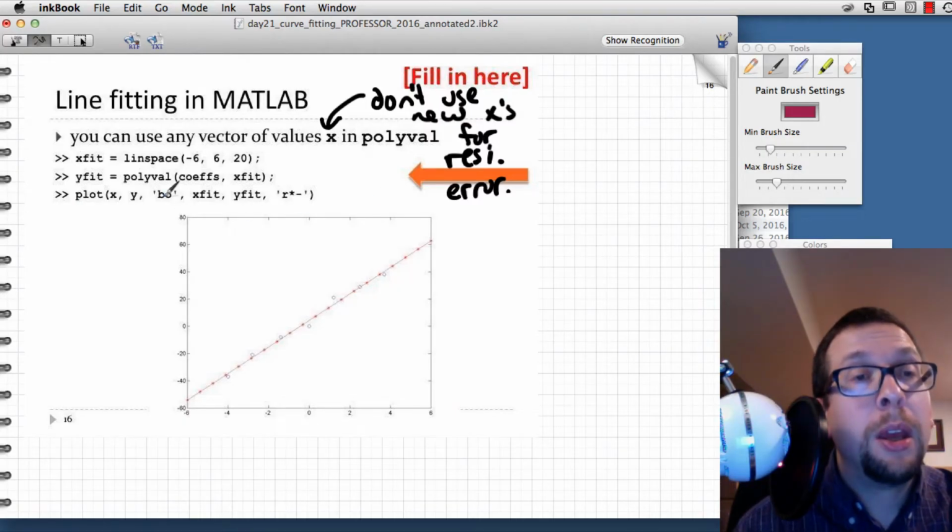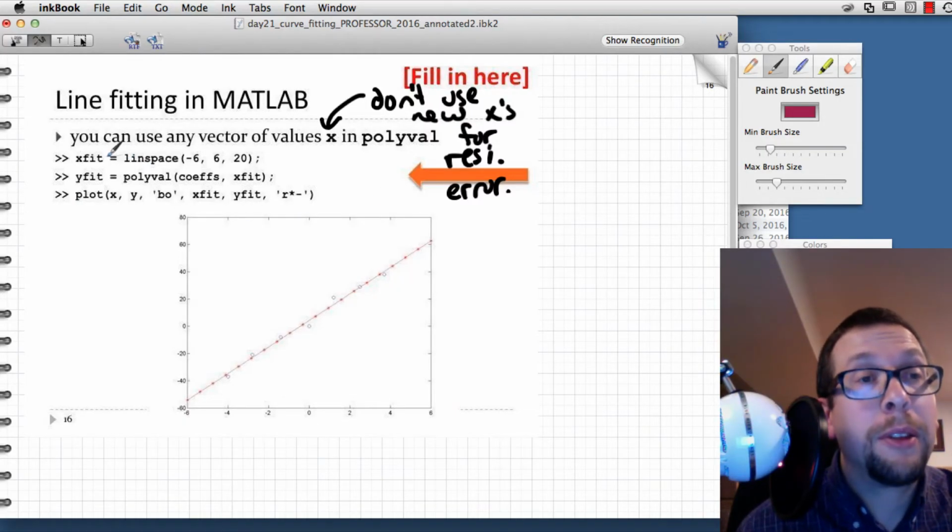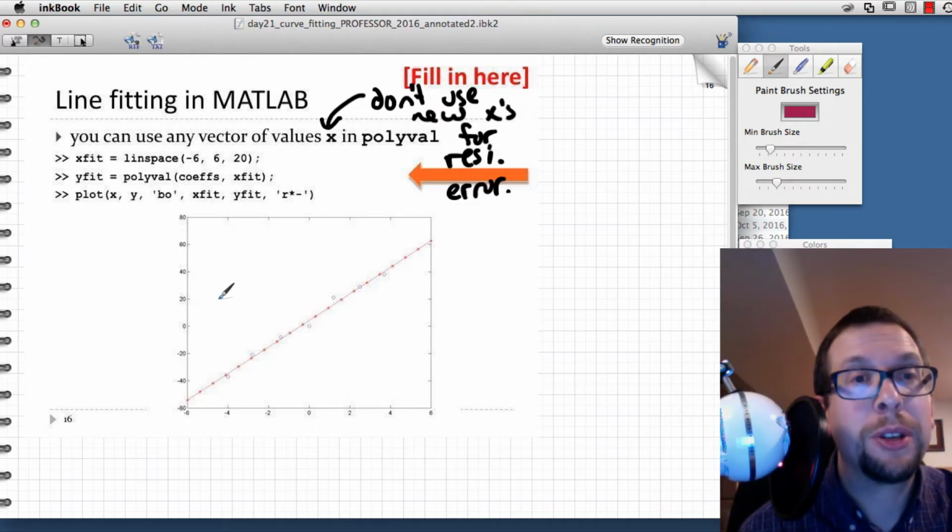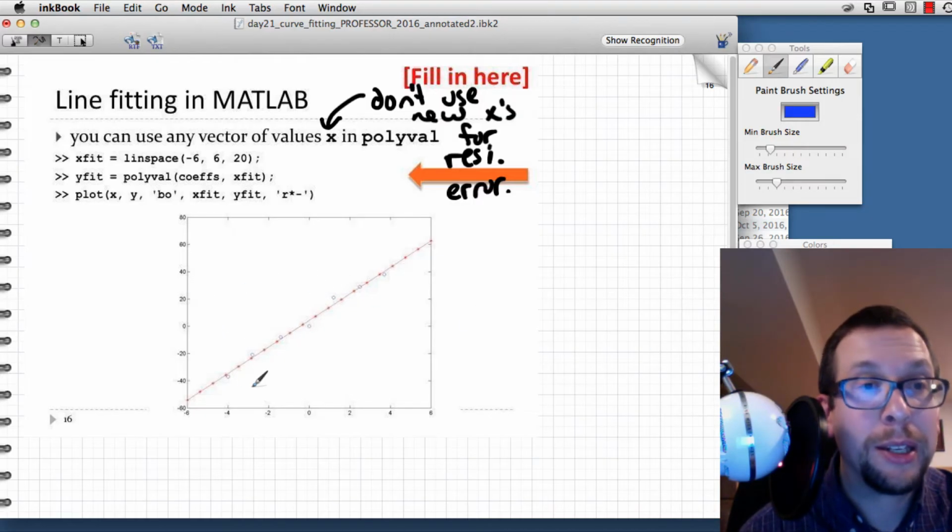Next, you can then take the original data and you can create a new line that has interpolated values. So I'm going to highlight it here. In our original data, we had data points there and there and there and there and there, like that.